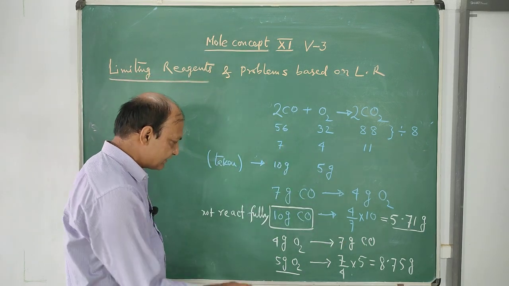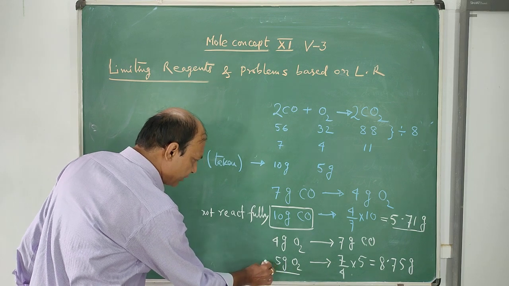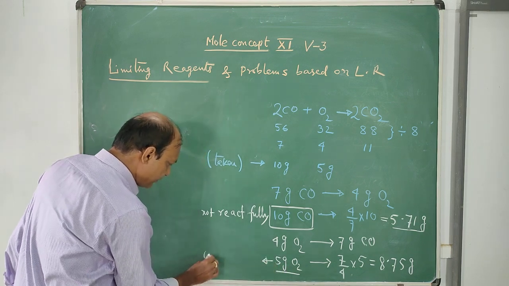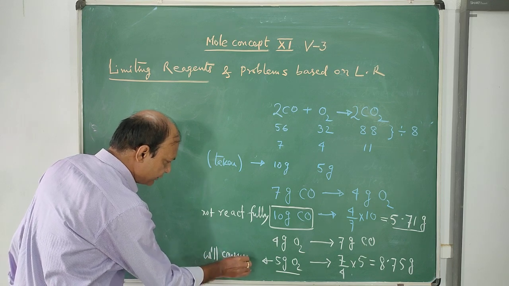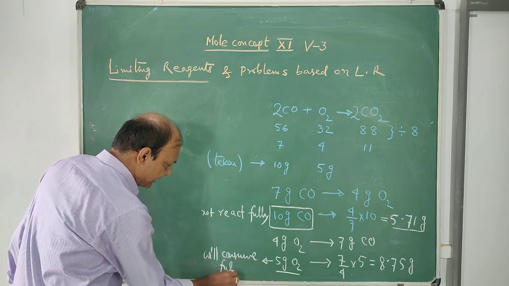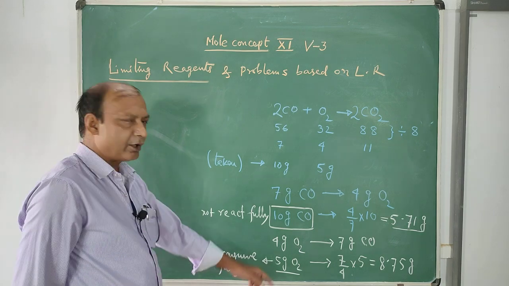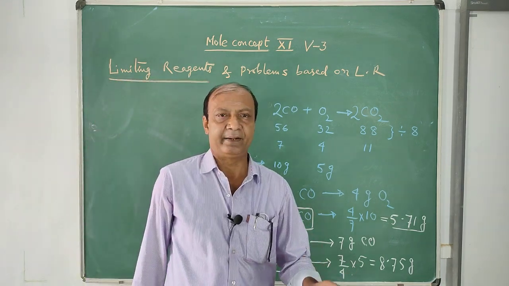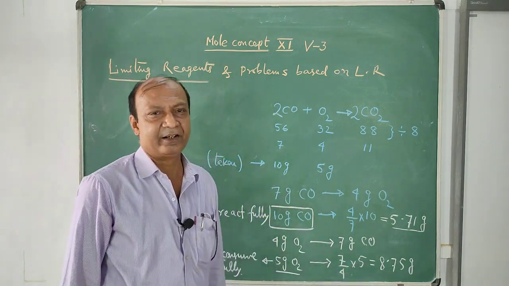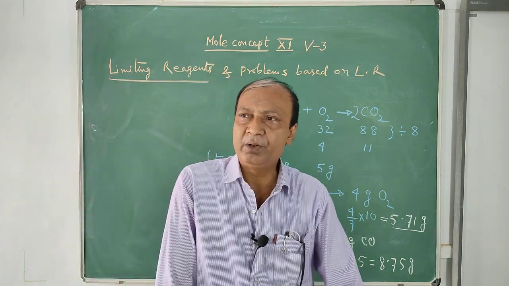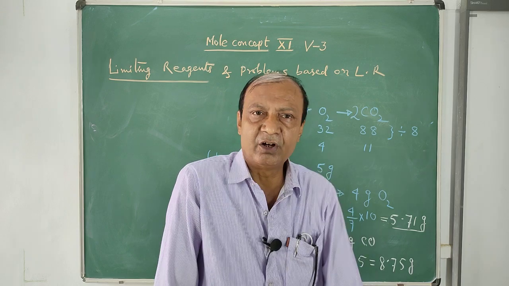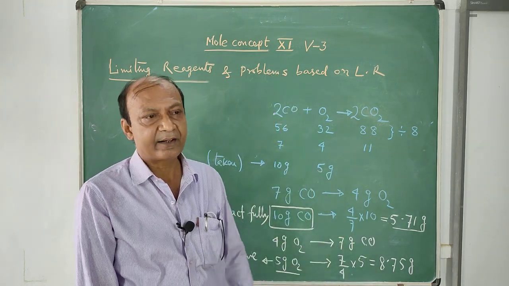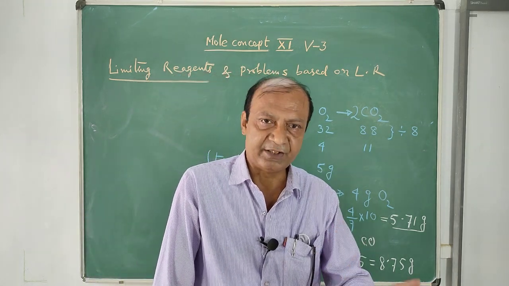Therefore, you can say that this 5 gram oxygen will be consumed fully in the reaction. The whole weight of oxygen will be reacted. So this reactant whose mass is fully consumed during a chemical reaction is called limiting reactant or limiting reagent.